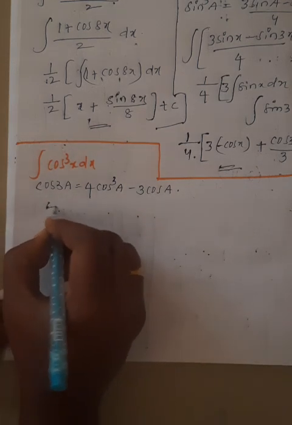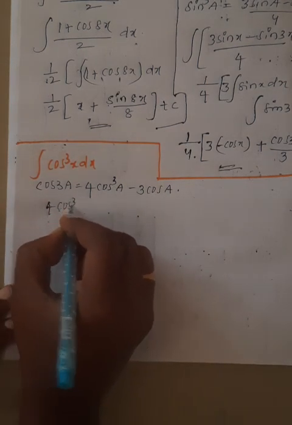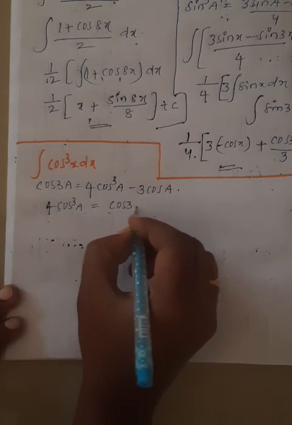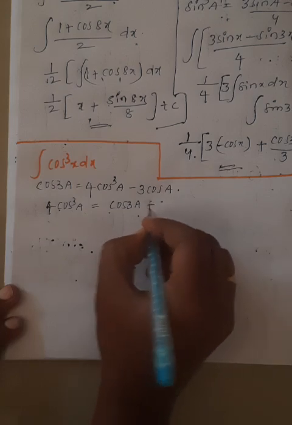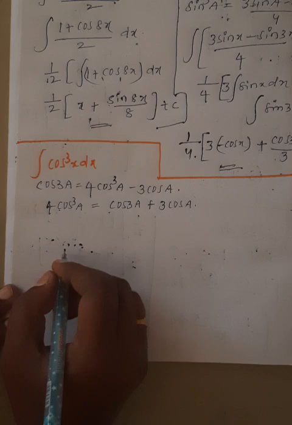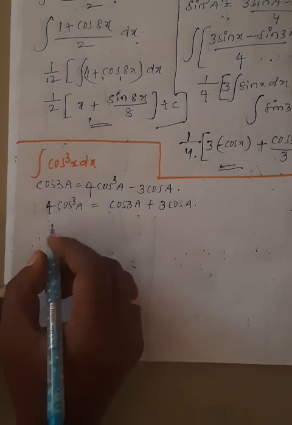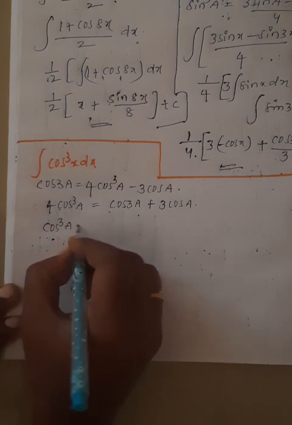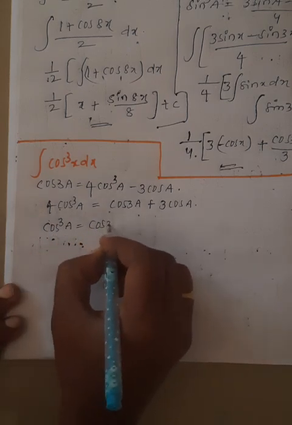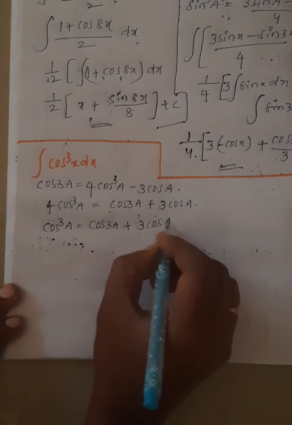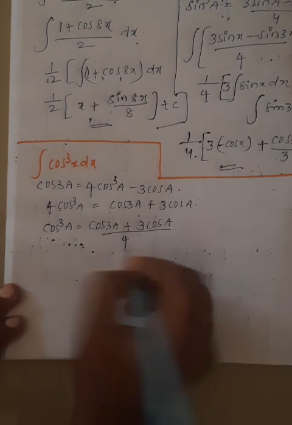It will become 4 cos cube a is equal to cos 3a plus 3 cos a. Then we can write cos cube a as (cos 3a plus 3 cos a) divided by 4.